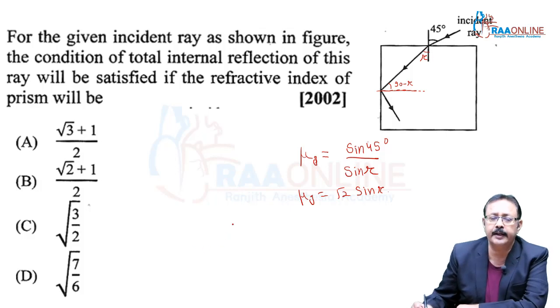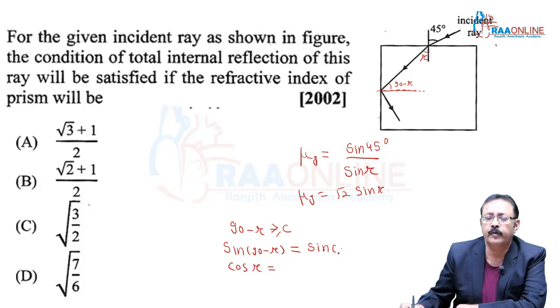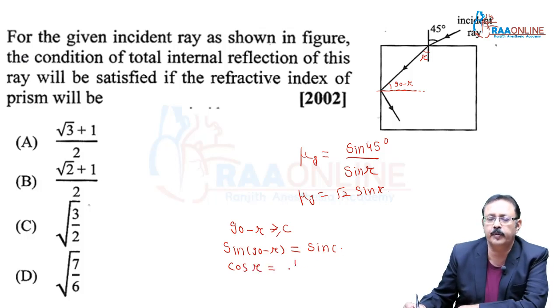It means 90 minus R should be greater than or equal to critical angle, so sin of 90 minus R should be at least greater than or equal to sin C, minimum sin C. Sin 90 minus R means cos R. What is sin C? 1 upon mu.